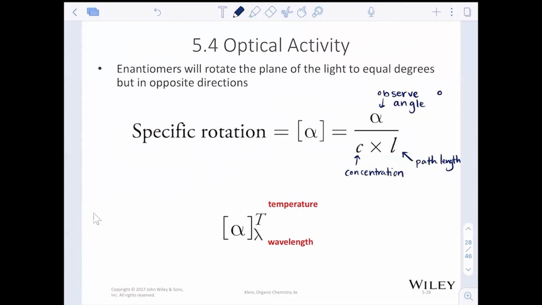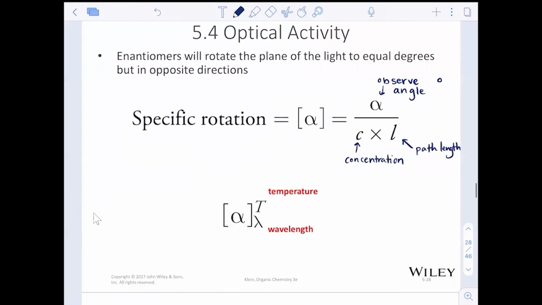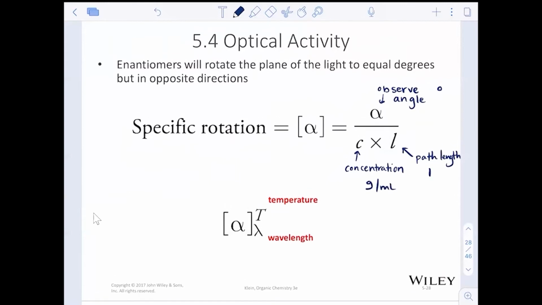An observed angle will be in degrees. The concentration is usually in grams per milliliter. And then the path length is usually 1 decimeter, 10 centimeters, but it usually is in the decimeter unit. And that is what we call a specific rotation.